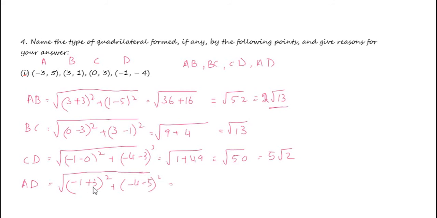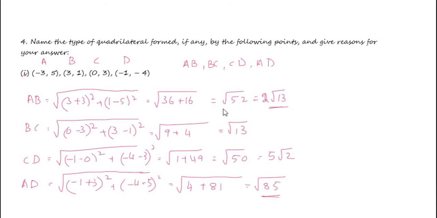It becomes minus 1 plus 3, that is plus 2 whole square, that is 4, plus minus 4 minus 5, minus 9 whole square, 81. This is square root of 85.